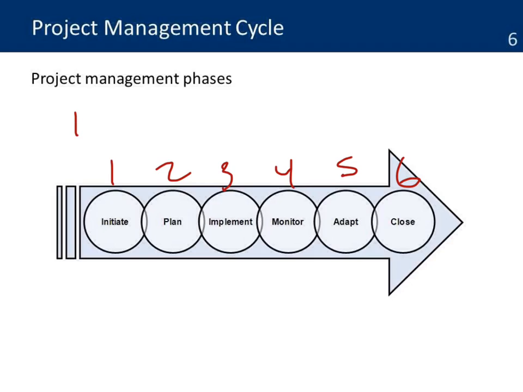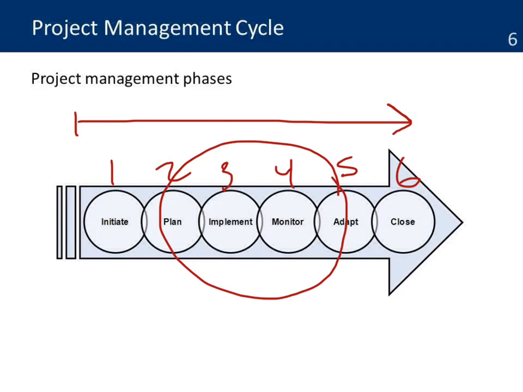Most of the time people identify them as a linear process, meaning that you go from the beginning, you do your work, and then you close the project. We're going to look at this presentation, that there is a need between these phases to move in a cyclical phase.